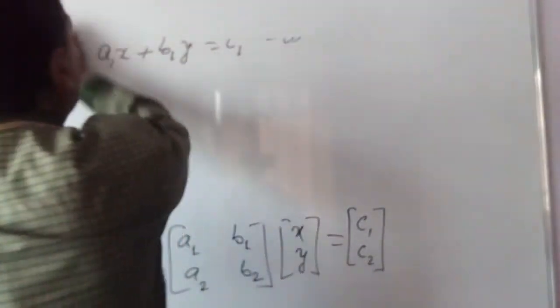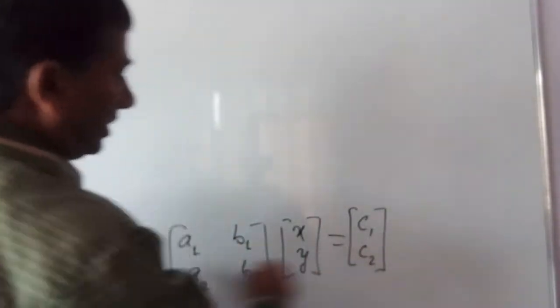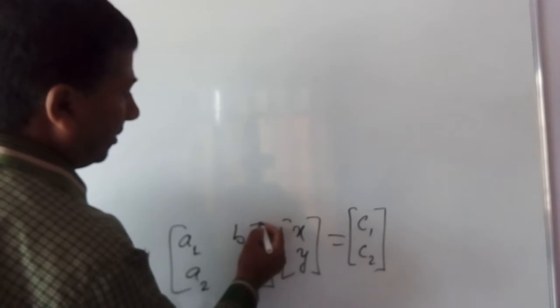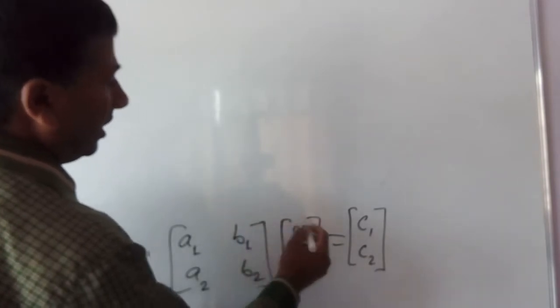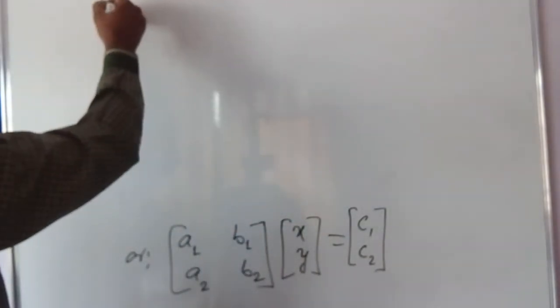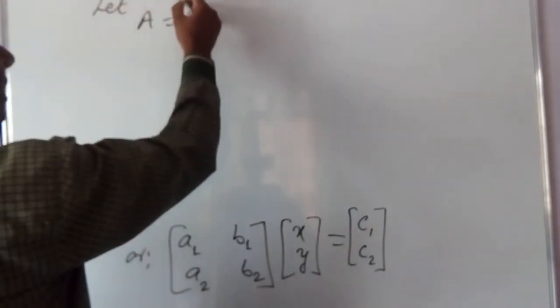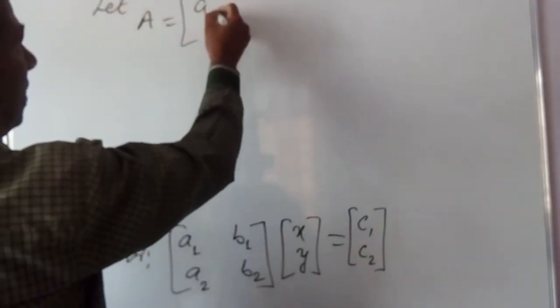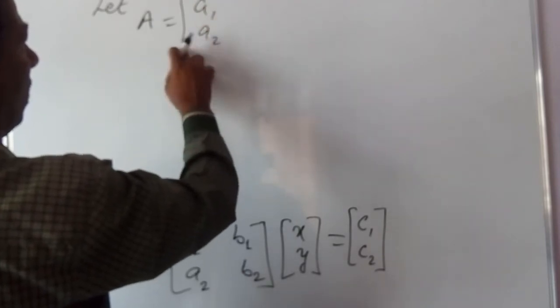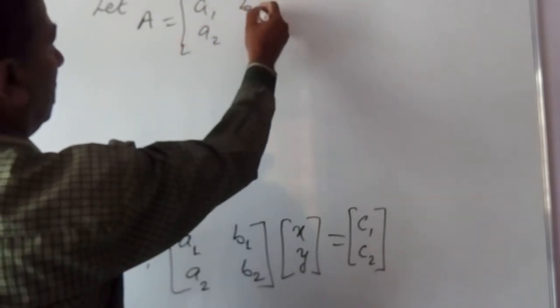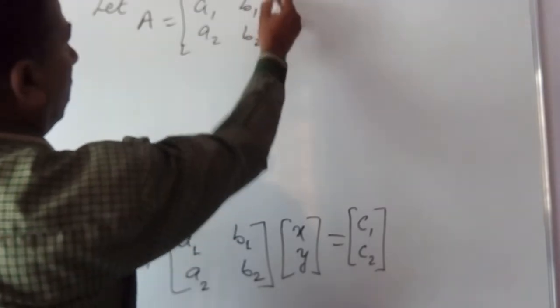This is the matrix equation. Now for our simplification, let A equal the coefficient matrix with entries A1, A2, B1, B2.